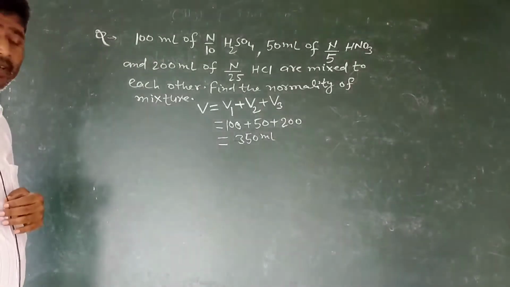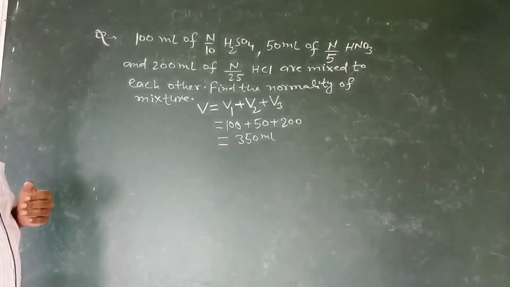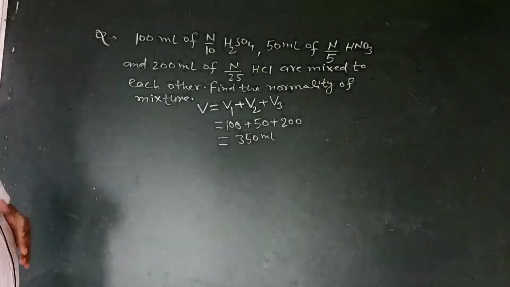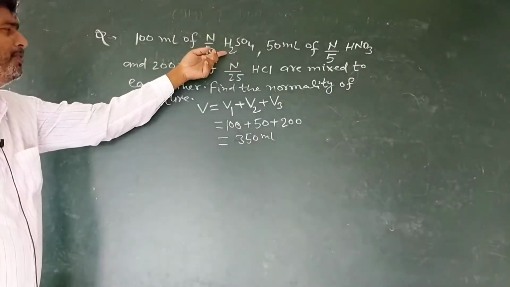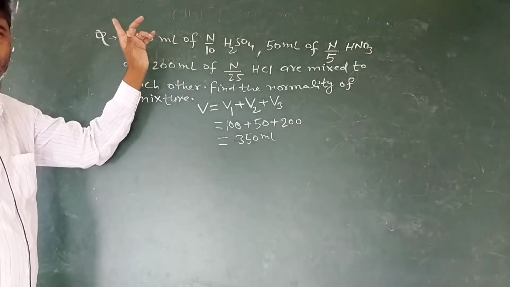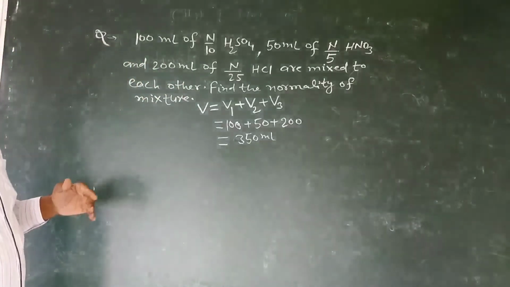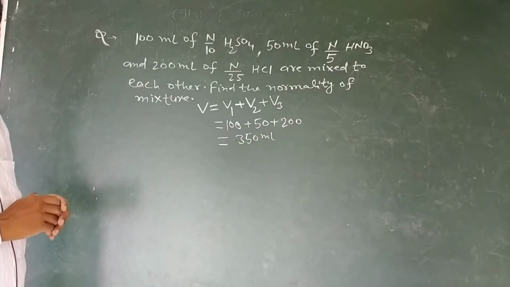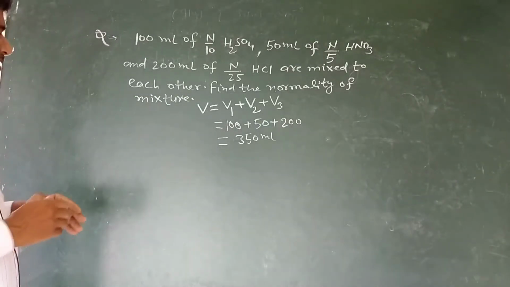When the normality of any solution is multiplied by its corresponding volume, the gram equivalent is obtained. Now the normality of H2SO4 will be multiplied by the volume of H2SO4. Particular normality, particular volume. So now the gram equivalents of all these three components are added and compared with the gram equivalent of the mixture.